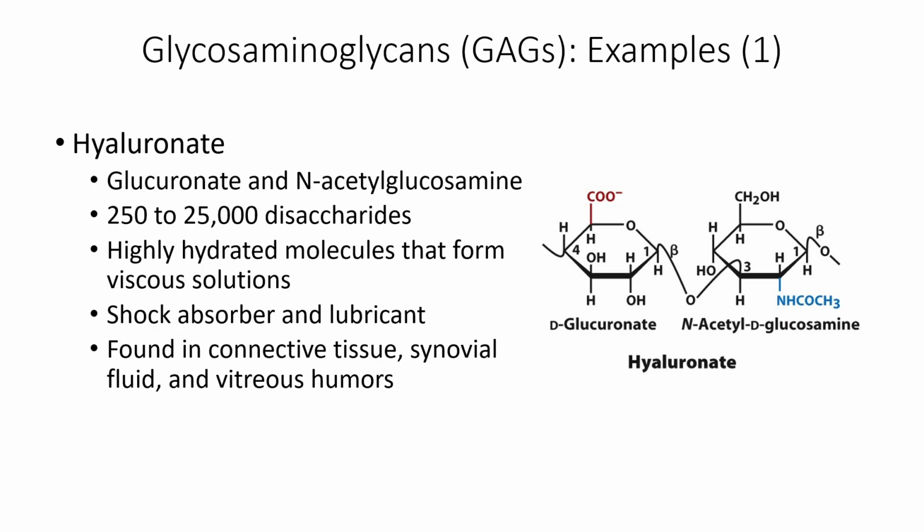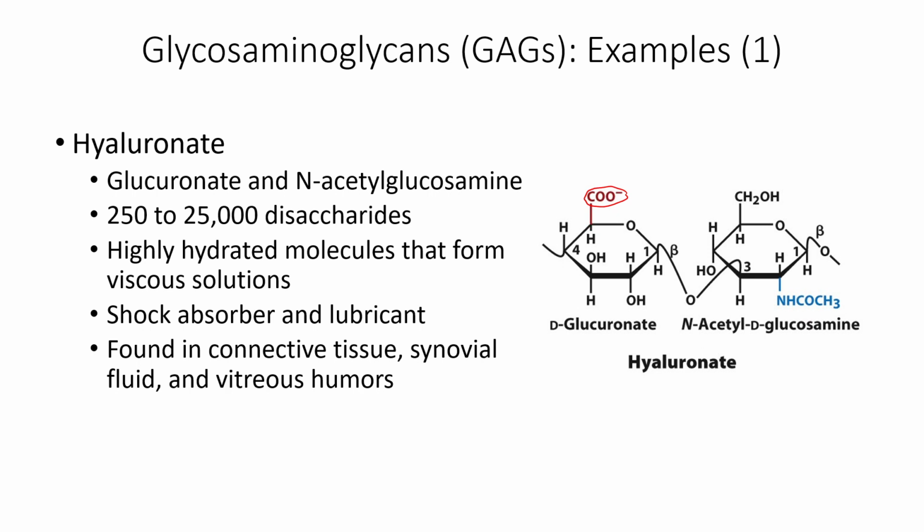So what are some specific examples of GAGs? The first example we're going to talk about is hyaluronate. The 2 components of the disaccharide repeating subunit in hyaluronate are glucuronate and N-acetylglucosamine. Again, glucuronate started out as a glucose, but we have this oxidation to make the uronic acid, so this would be glucuronic acid, or glucuronate because it's charged.